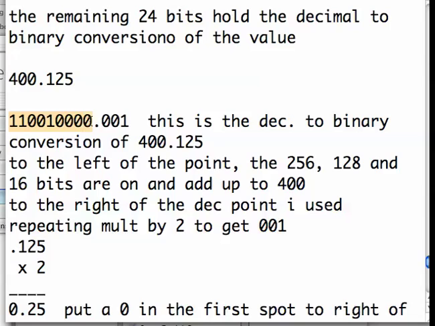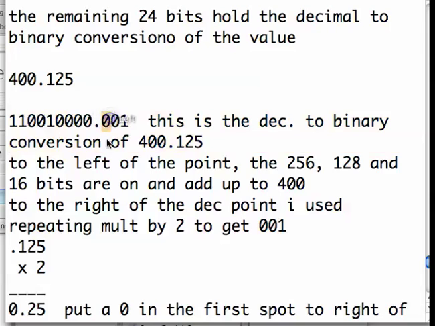As far as the 0.125, what we do is we use repeated multiplication. So we take the 0.125 and we multiply it by 2 because we're dealing with base 2. And the answer is 0.25, which means we're going to put a 0 in this spot right here.